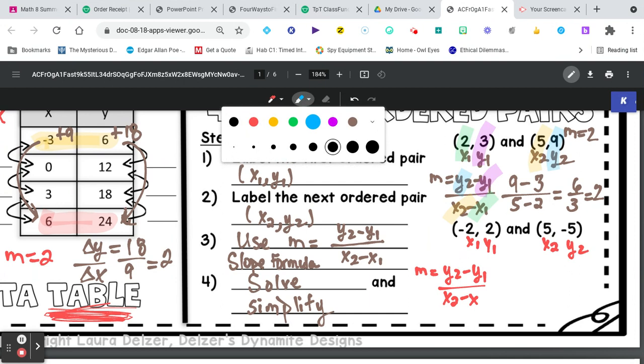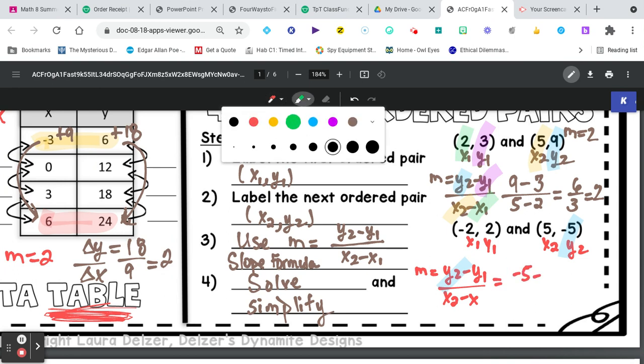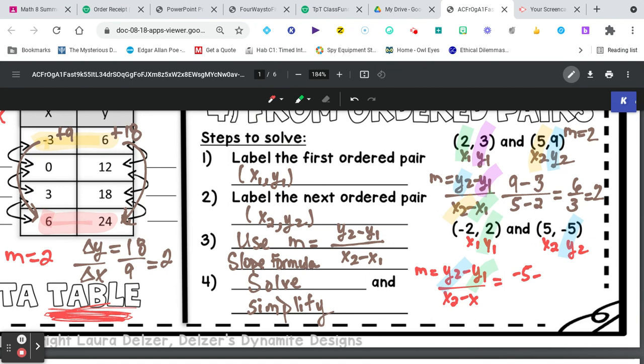So according to what I have labeled, my second y, or y sub 2, is negative 5. So I'm going to write negative 5 minus y sub 1. Y sub 1 is 2.